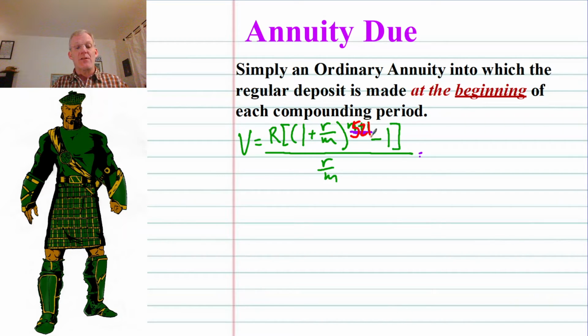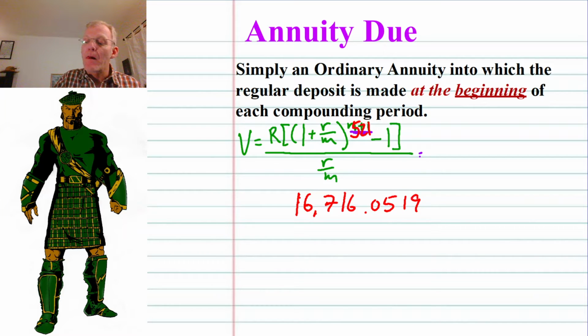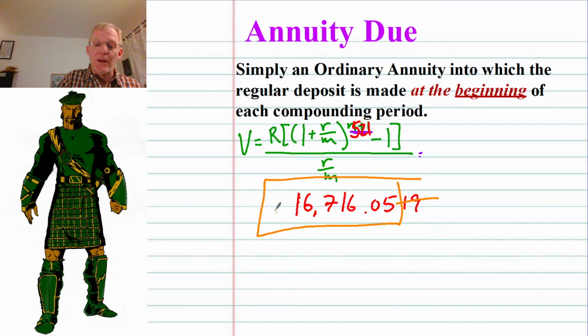And where it says 520, I'm going to change that to 521. And we end up with 16,716.0519. Again, the 0.19 gets cut off, and we're left right there.